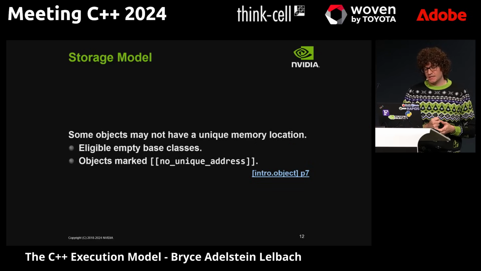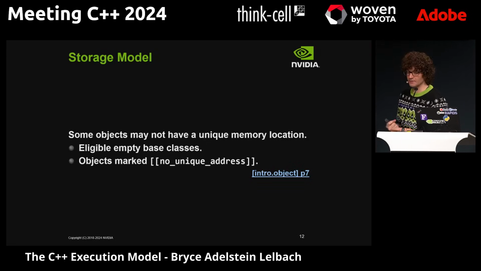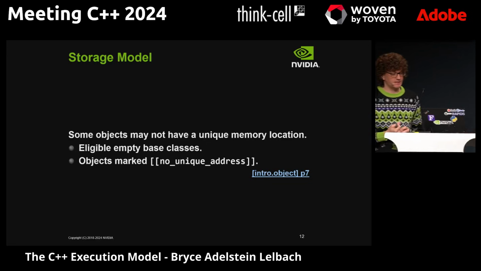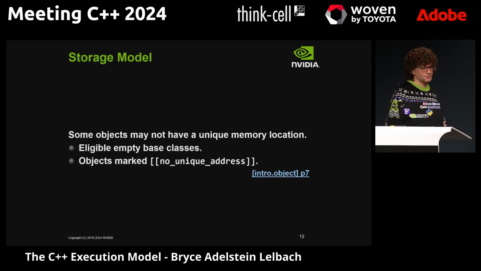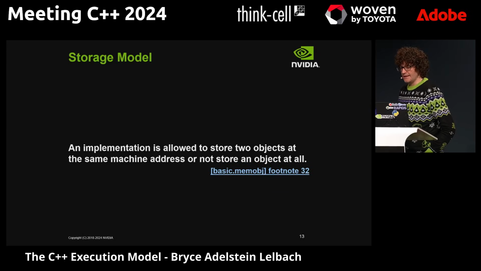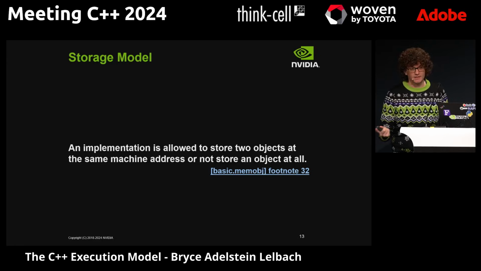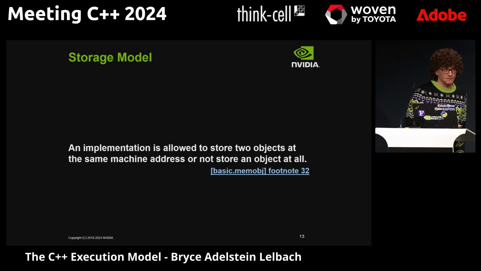Now, some objects may not have a unique memory location. For example, eligible empty base classes, or objects that are marked with no unique address. And an implementation is allowed to store 2 objects at the same machine address, or not store an object at all.